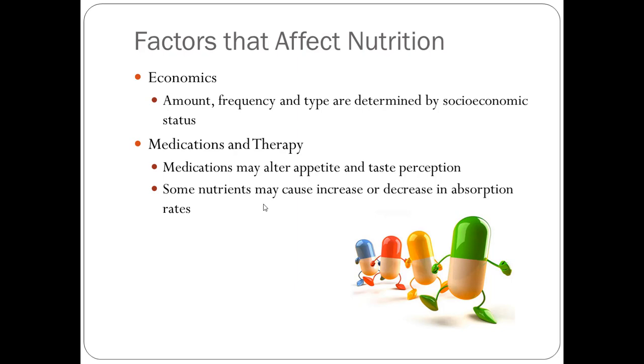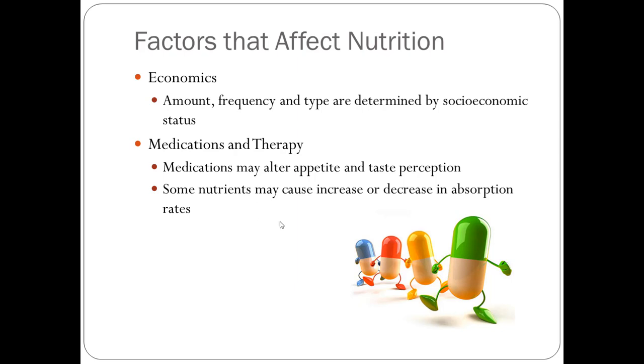Economics. The types of food and the amounts and the quality of food really depend on a person's economic status, if they can afford it. You can get a hamburger for $1, but you can't get fruits for under $6. Medications affect nutrition, and they might alter the taste or decrease appetite. Grapefruits actually decrease absorption rates for certain meds.